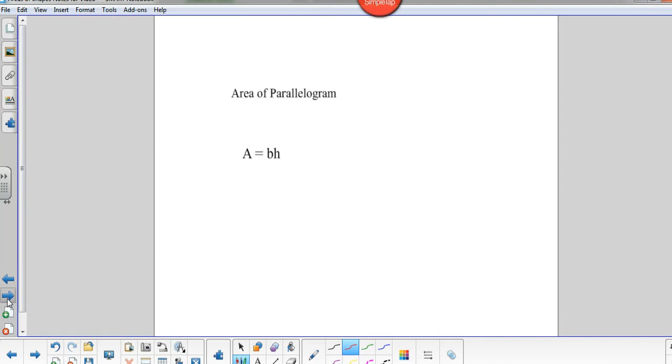Alright, parallelogram. What's that look like? Well, basically it looks like a rectangle, but the sides don't meet at a right angle. Like a rectangle, let's say we took part of it and cut it off, and took this piece and slid it over here to this side and then reattached it, it would look like this.